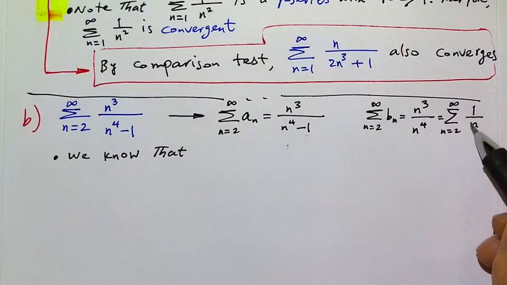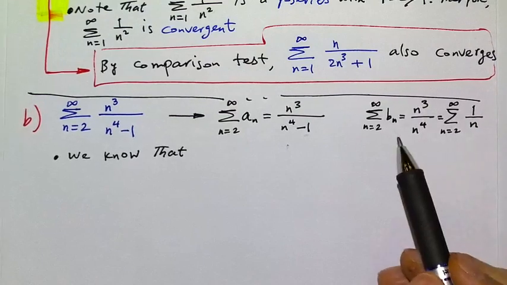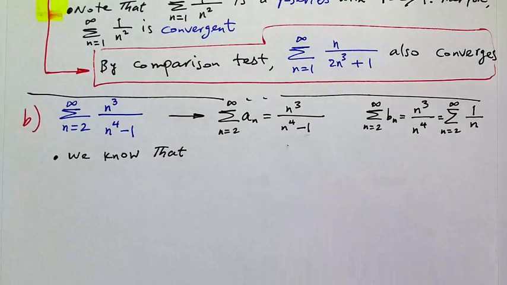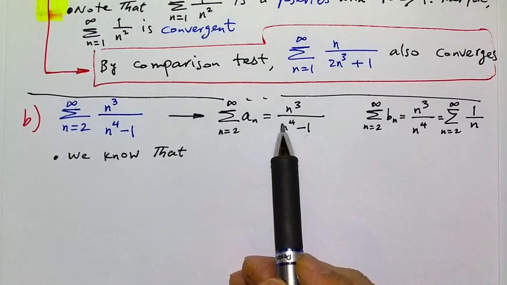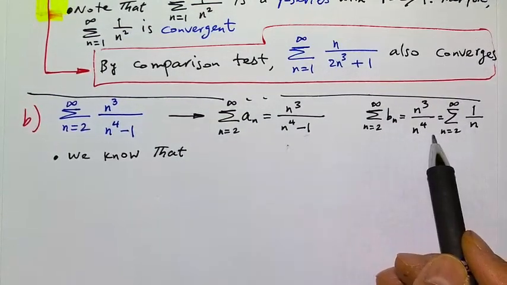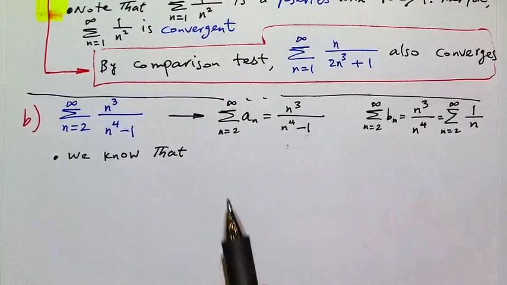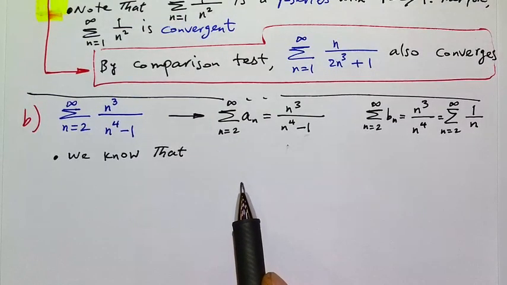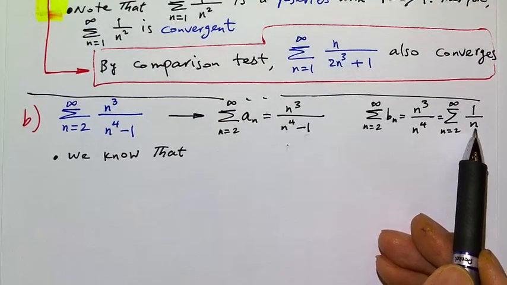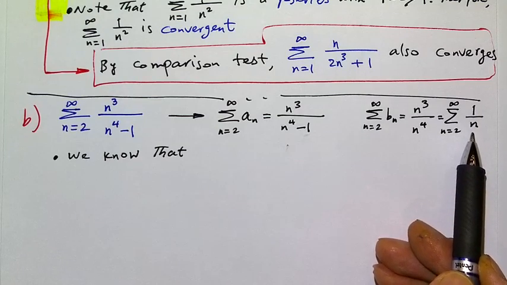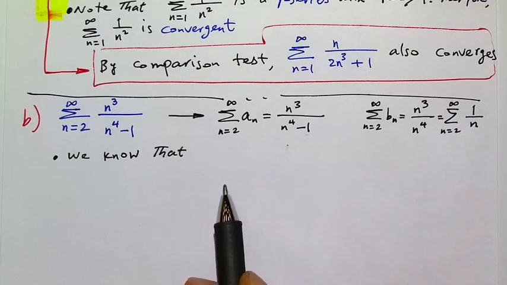This is why I say that the series you pick should be a series that you already know whether it diverges or converges. This is the one you're testing, but this one should be the one that you know how it's going to behave. It's also a p-series with p equals 1, either way.